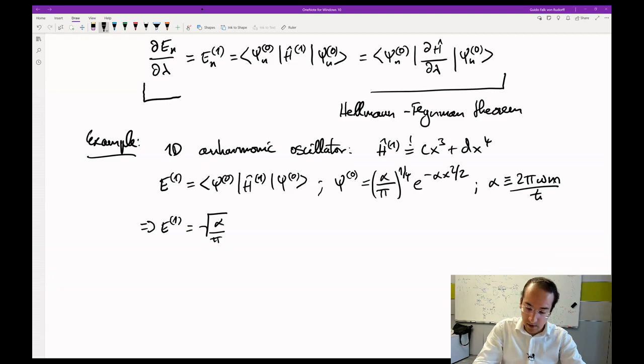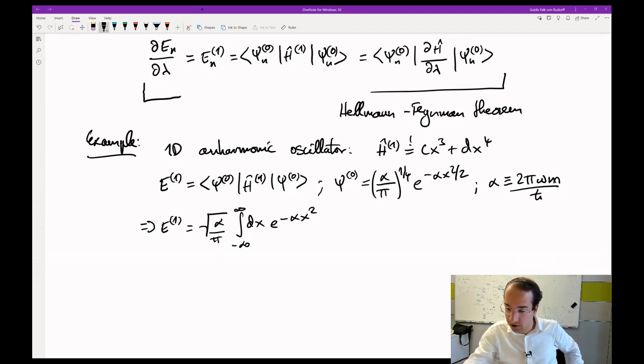Now the integral becomes dx e to the minus alpha x squared, over 2, actually. No, not over 2, because we take the product of the two. So we have one from the bra, one from the ket. So the over 2 gets lost because it cancels with the times 2.